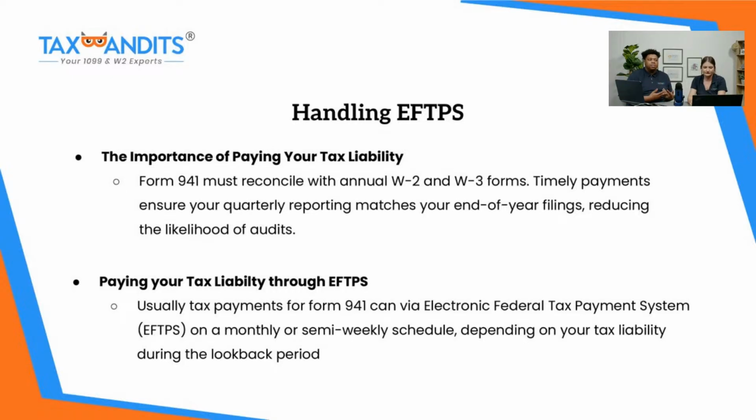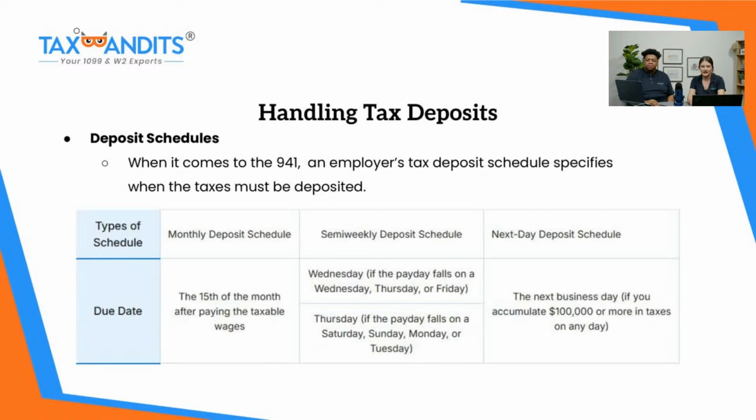Yes. And also, the IRS classifies these different deposit schedules based on the amount of tax liability for your company. Right here we have a chart that explains the different deposit schedules. When it comes to the 941, your deposit schedule will specify when the taxes must be deposited.